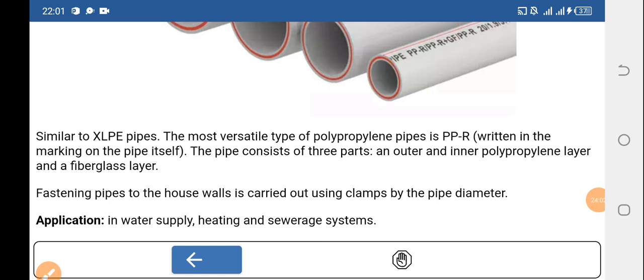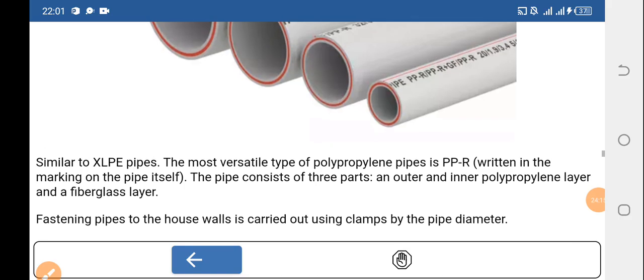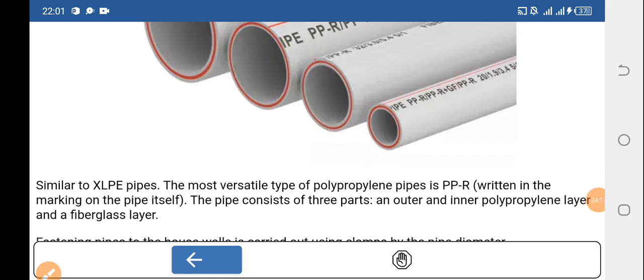The pipe consists of three parts: an outer and inner polypropylene layer and a fiberglass layer. So when you look at this PPR, it's a special PPR which is actually different from this green material that we are now using, because this one is like PEX, although there's a difference.